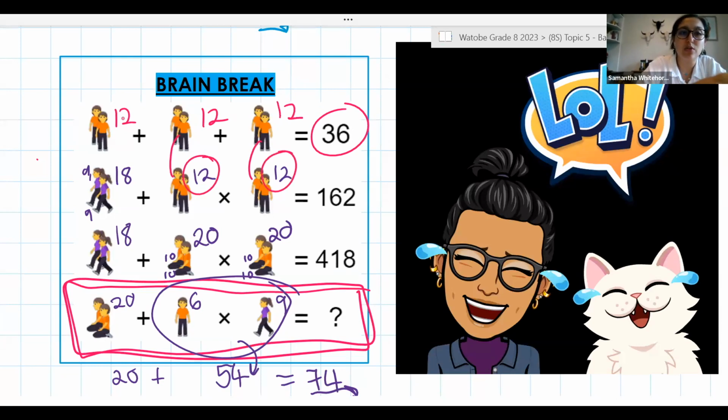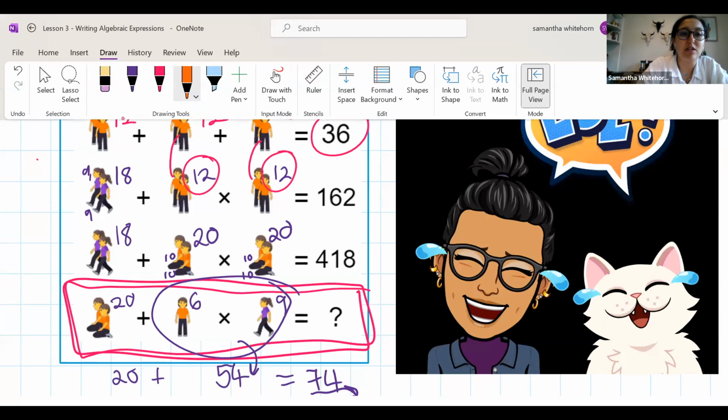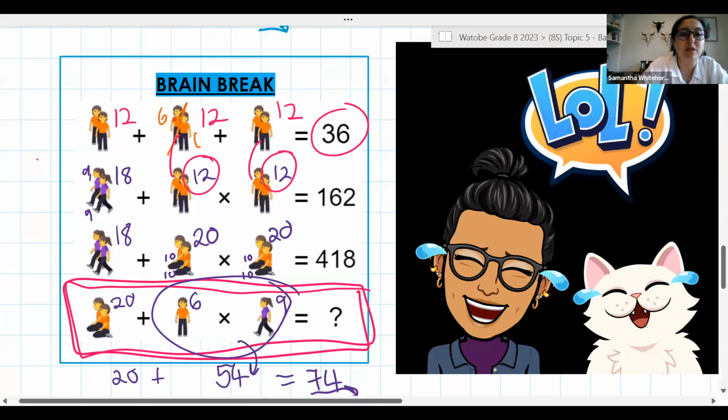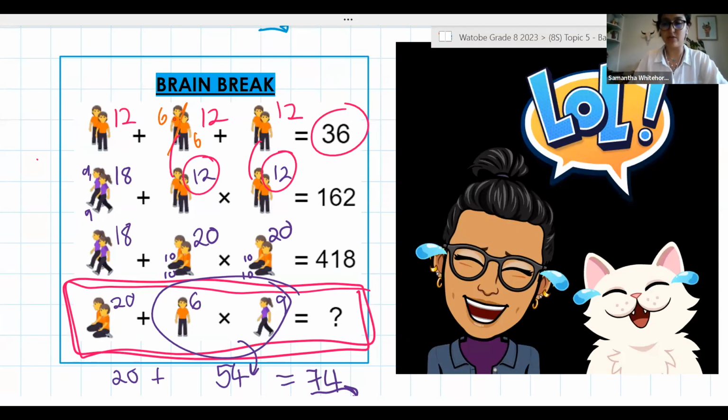But what I also know is that if I separate these 2 people, each of them is equal to 6, because 6 plus 6 is 12. And so from that sort of place, we can start to work out the rest of our people's values and essentially our unknowns.